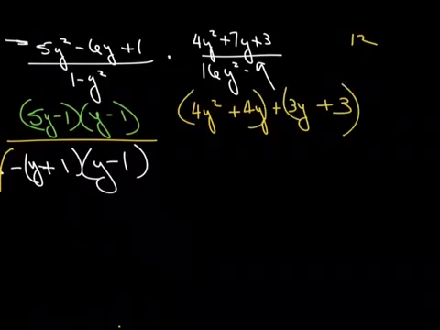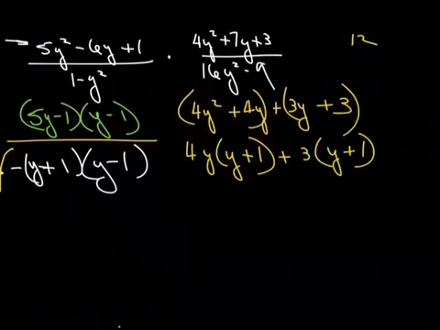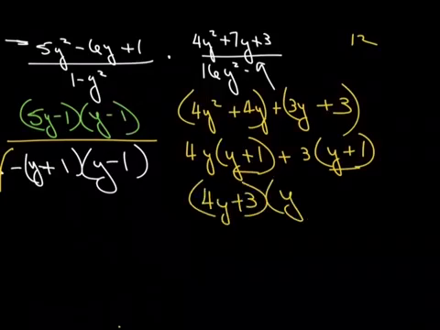Group, no negative signs to cancel anything. Pull out a 4y and I'm left with a y plus 1. Pull out a 3 and I'm left with a y plus 1. And again, see, those are the same, so I know I did it right. So I have a 4y plus 3 times y plus 1.